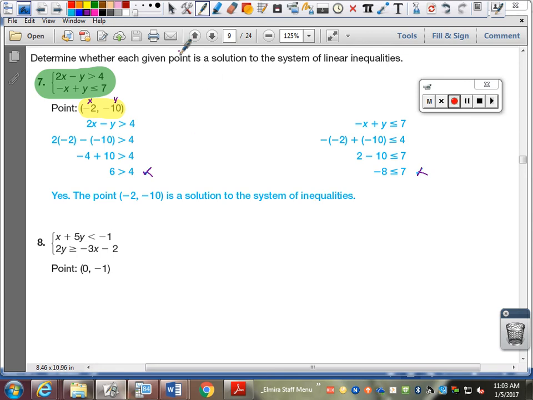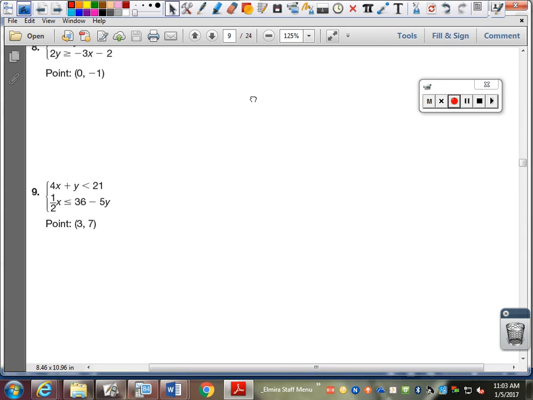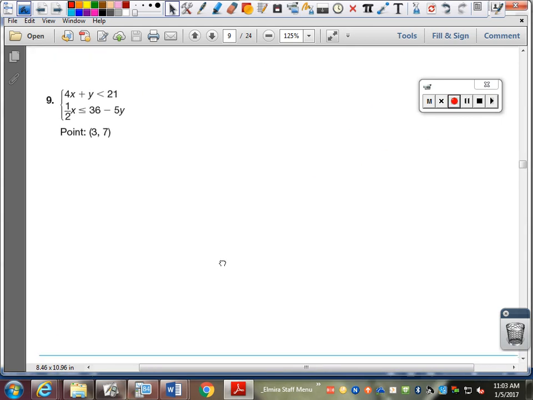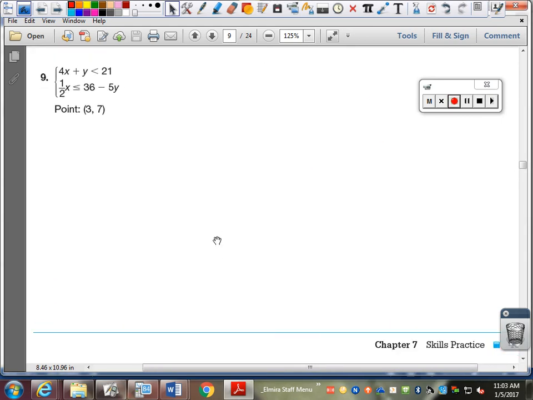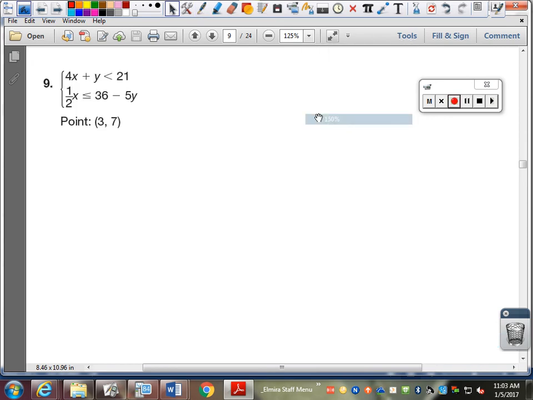So I actually want to do number 9. You have to forgive me because I still have a cold. One of my inequalities is 4x plus y less than 21.